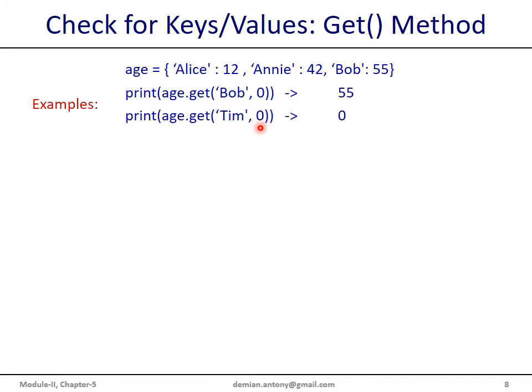We can even specify negative values as an indicator of unavailability of the age of a person, as the person's details are not present in the dictionary. Let us take up two more examples.